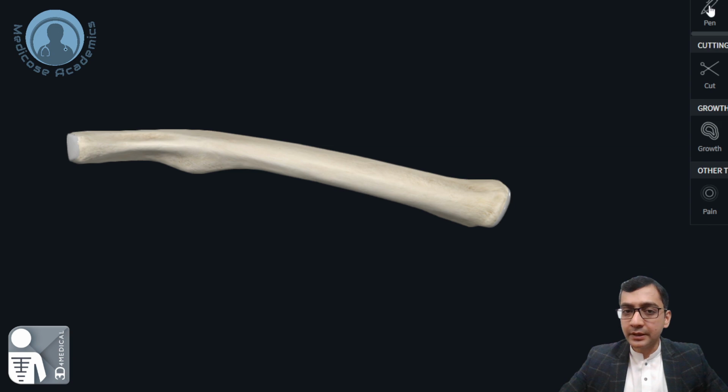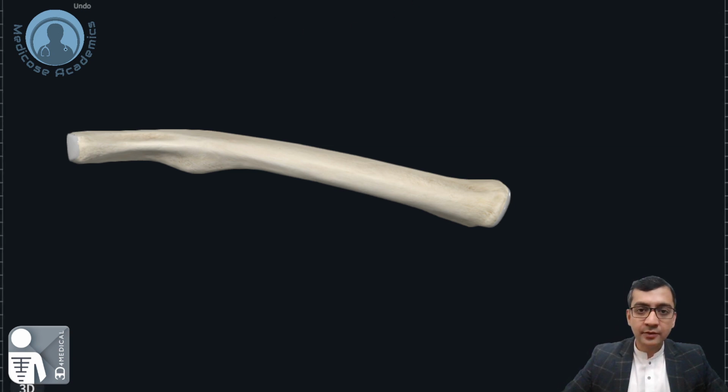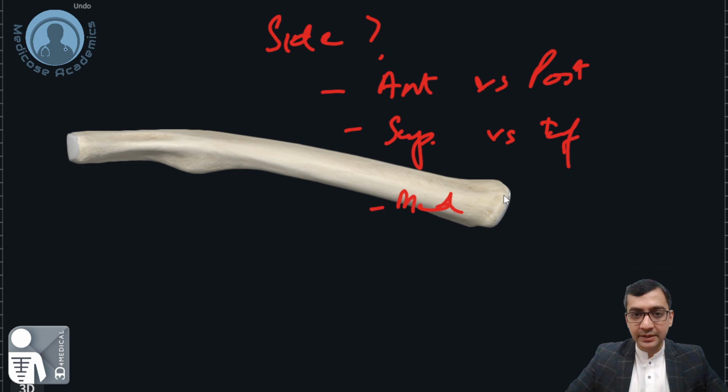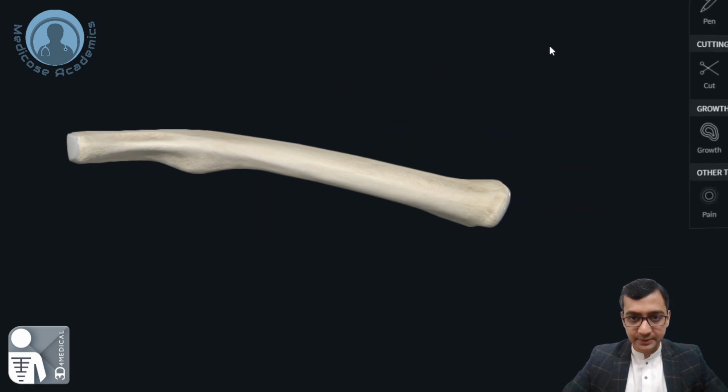So while trying to find the side of the bone, you have to differentiate between the three axes: which is anterior, which is posterior, which is superior, which is inferior, and what is medial and what is lateral. Let's try to figure them out one by one so we can find out which side this bone is from.